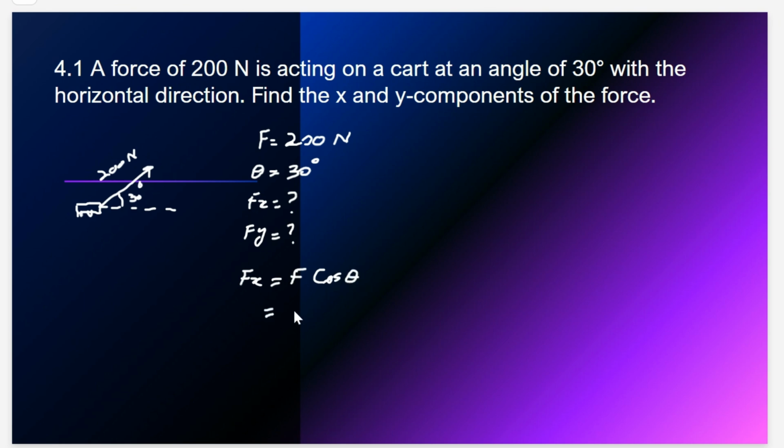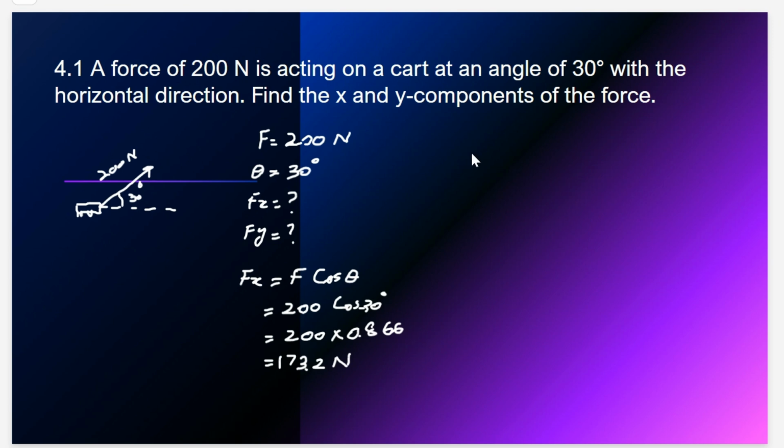Putting the values here, the value of F is 200 and the angle is 30 degrees, so we will write in place of theta 30 degrees, and we know that the value of cos 30 using the scientific calculator is 0.866, and multiplying this with 200, it will be 173.2 Newton. This is the x component of the force.